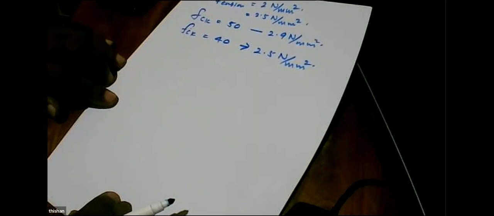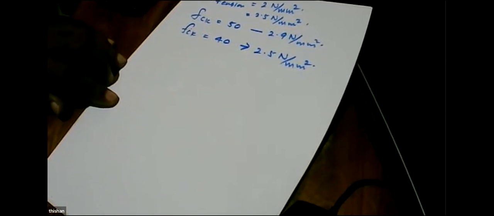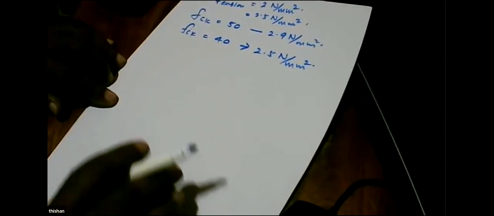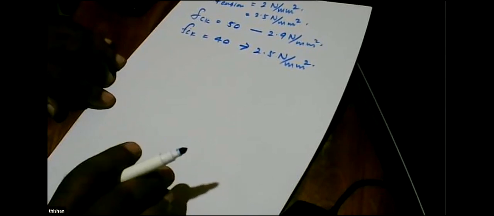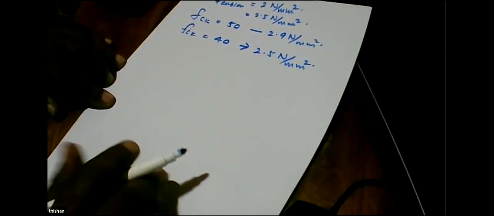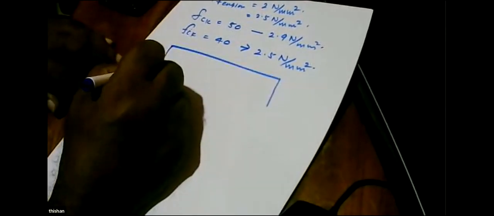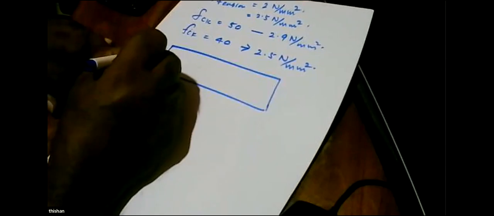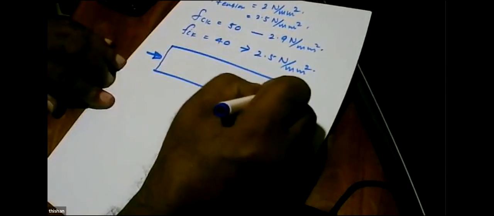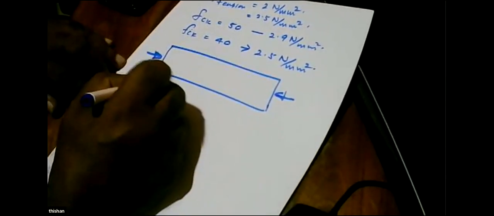Right now our question is, how can we get 40 megapascal concrete, and how are we going to manufacture this? If you take pre-stress concrete, what is the easiest thing to do? Apply an axial stress.